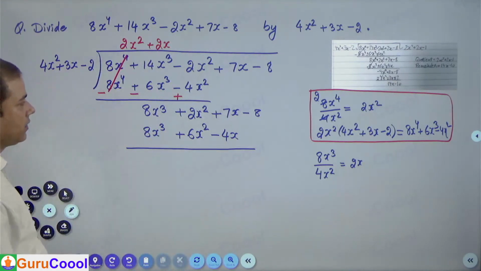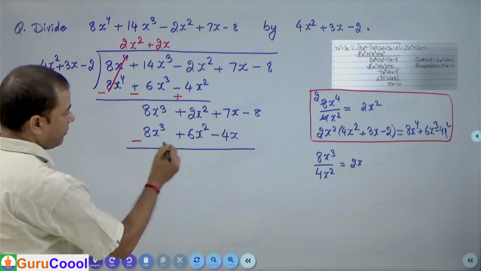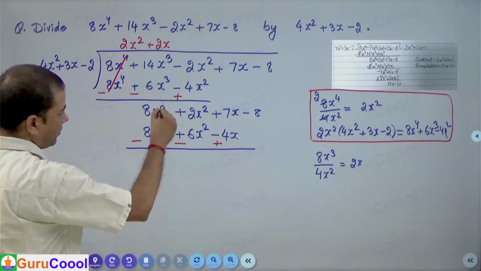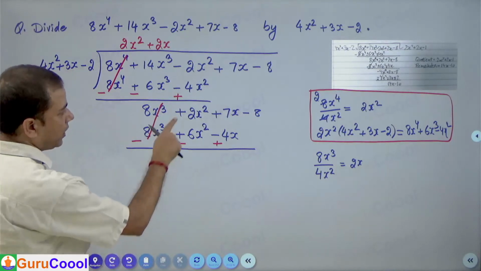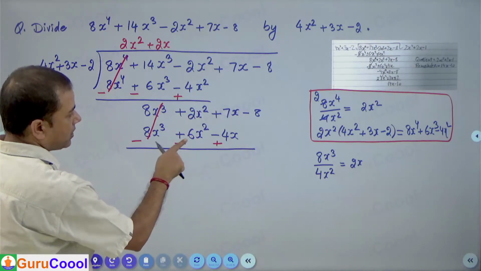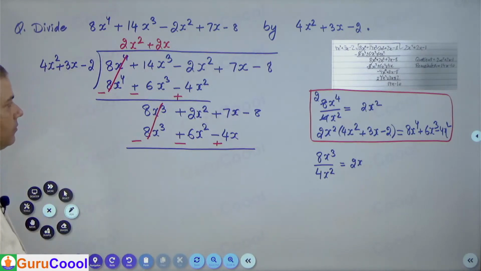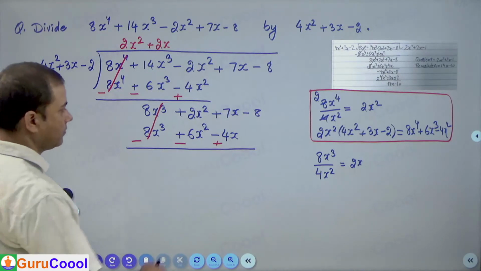Then sign change. Negative, negative, positive. First term cancels. Now plus 2x square minus 6x square is how much? Sir, it is minus 4.